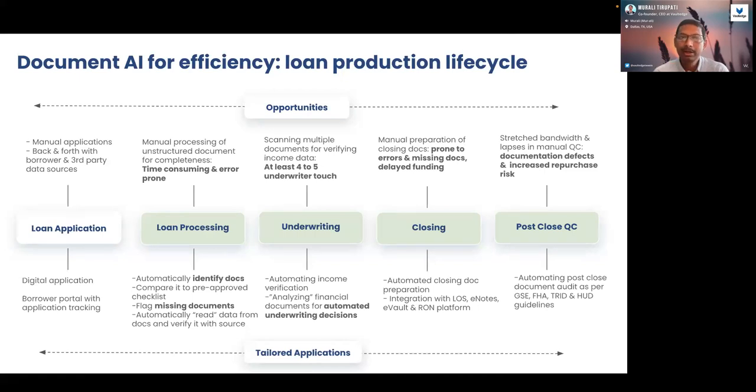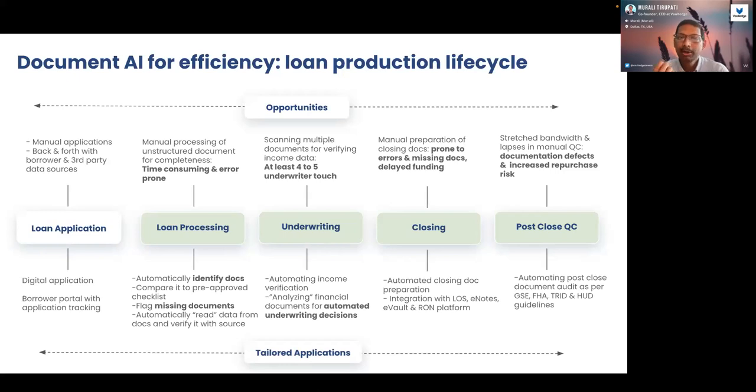Now let us look at the lending side. On the lending side, you have a process which looks like you start with the loan application, it goes to loan processing, underwriting, closing, post-close QC, etc. And each of these business processes are great use cases for intelligent document processing or document AI.